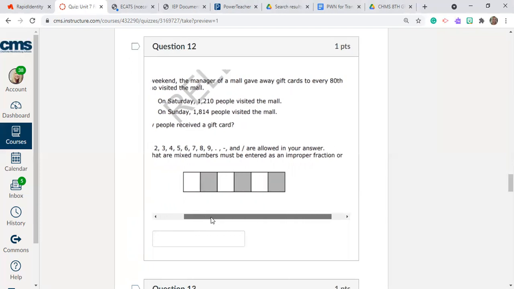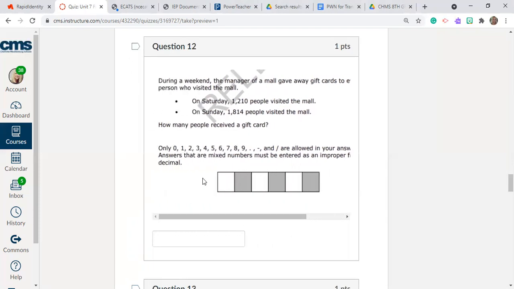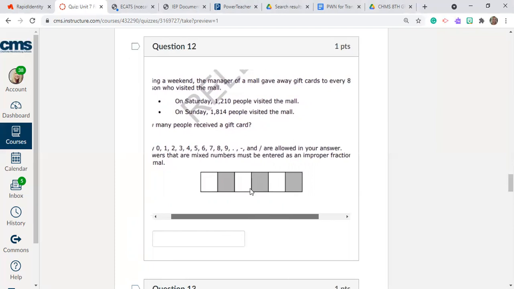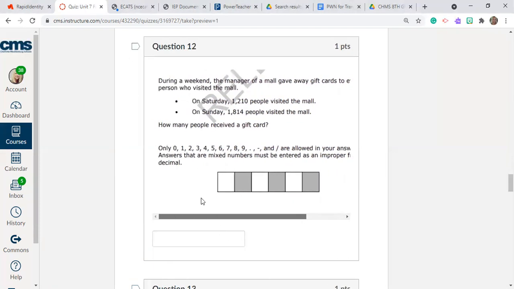So again, every 80th person got a gift card. So how many people received a gift card? Only 0, 1, 2, 3, 4, 5, 6, 7, 8, and 9, a period, and a negative are allowed in your answer space. So this is just an example of an EOG answer space here.